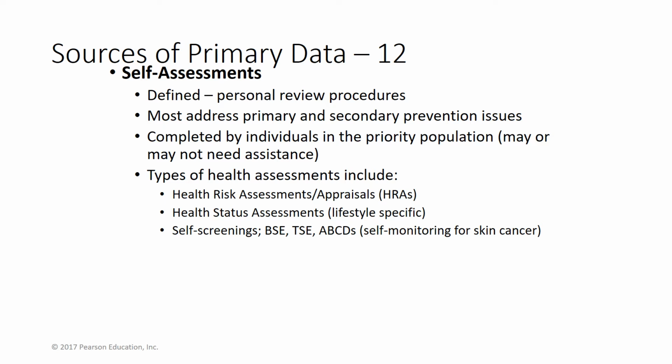Like I said, there are a lot of different things to overcome the different types of bias, but at this point, we just want to talk about the nature of a self-assessment.